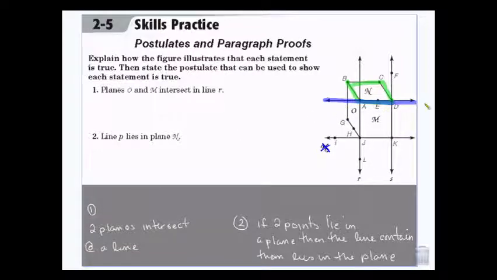So here's line P. If you look at this, we have points A, E, and D. They're all part of plane N because they are on the corners of plane N. So they're all on plane N, and we have the postulate that says if 2 points lie on a plane, then the line containing them is also on the plane. So that would be the postulate for this.